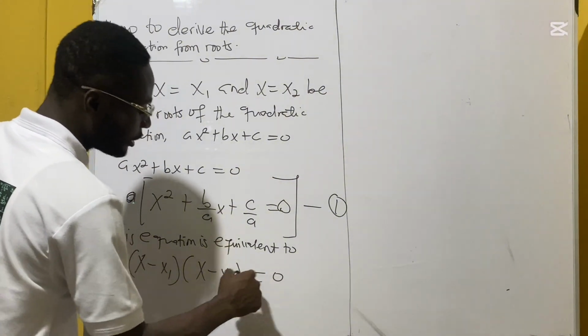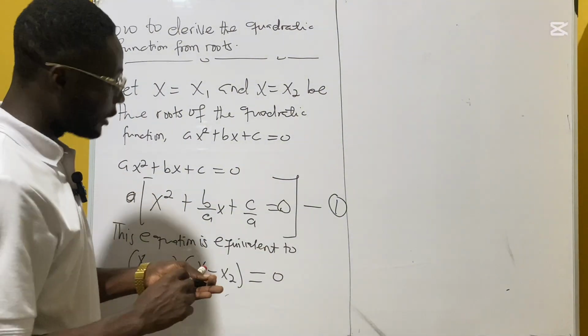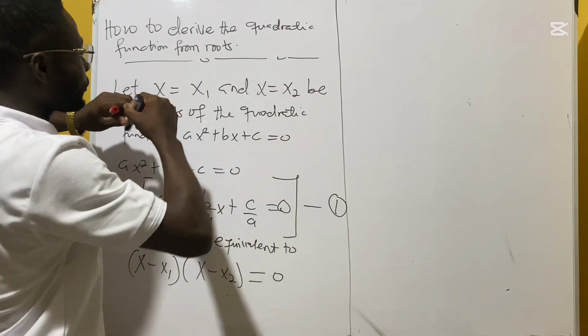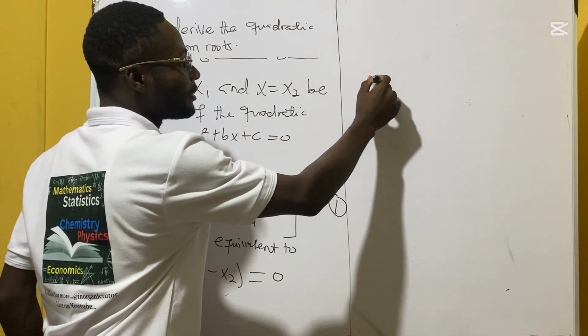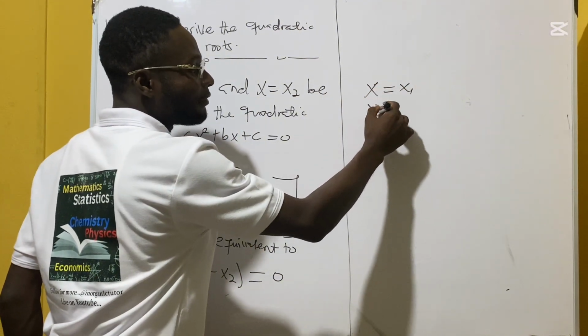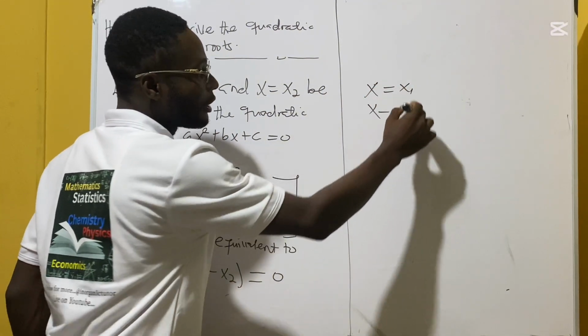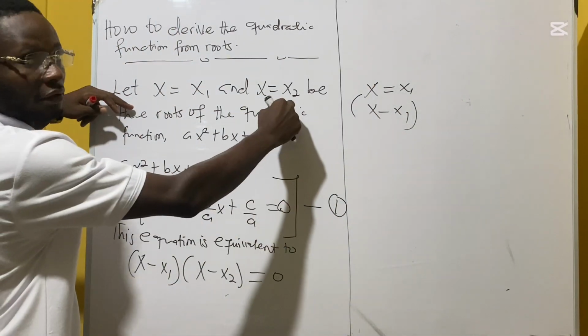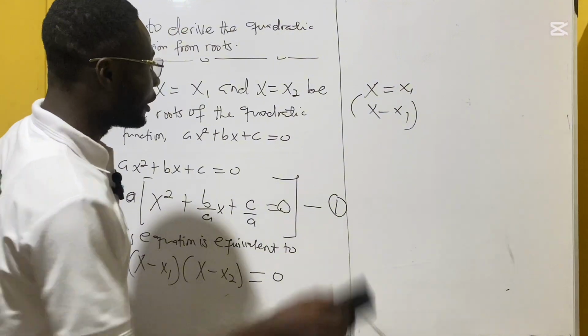This equation is equivalent to this. It is obtained from the assumption we made here. You know that if you say that x equals x1, then it means that you can have x minus x1. So basically we have this from here.